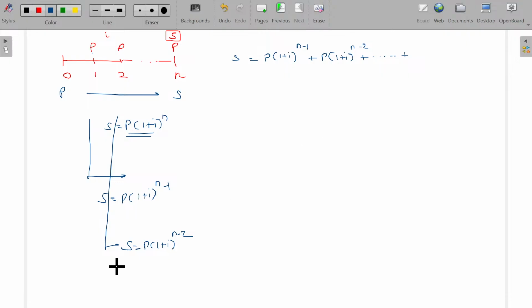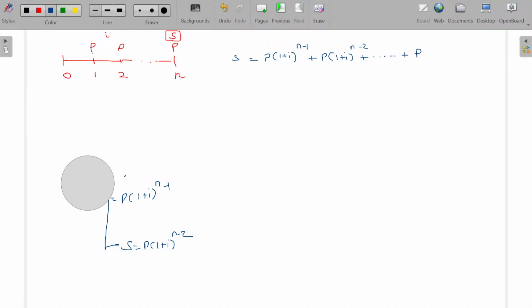At the last, what will you have at the nth period? You have only P. Don't worry. You are investing P amount in the nth period. If you are withdrawing the P amount, you don't have any interest. Last date. Don't get confused with 1 plus i to the power n minus n. It's only P. Am I right? Hope you are now able to understand.